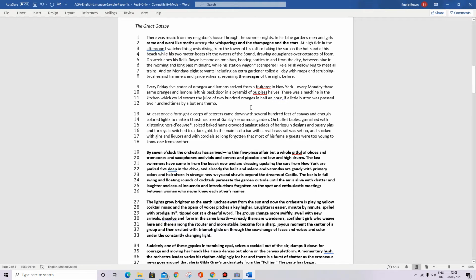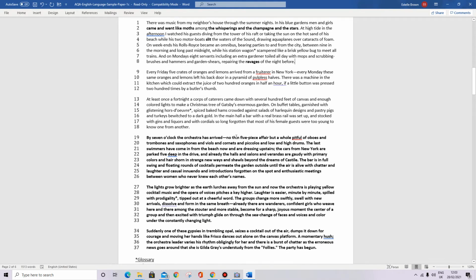Magical, these parties. At least once a fortnight, a corps of caterers came down with several hundred feet of canvas and enough coloured lights to make a Christmas tree of Gatsby's enormous garden.